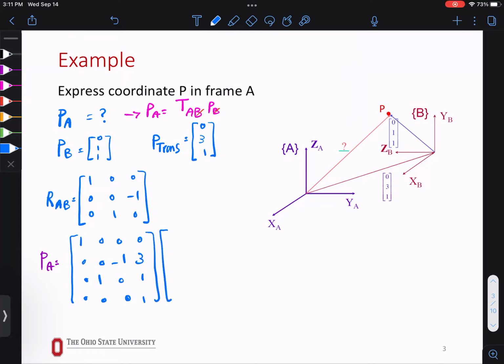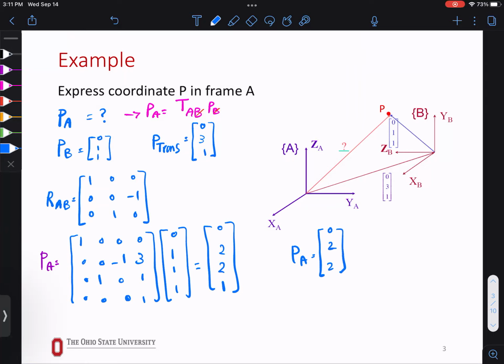This multiplied by 0, 1, 1, 1 will give me 0, 2, 2, 1. So P in A in Cartesian is this, meaning that point P as seen in frame A would be at 0, 2, 2. So 0 in the X direction, 2 in the Y direction, 2 in the Z direction.